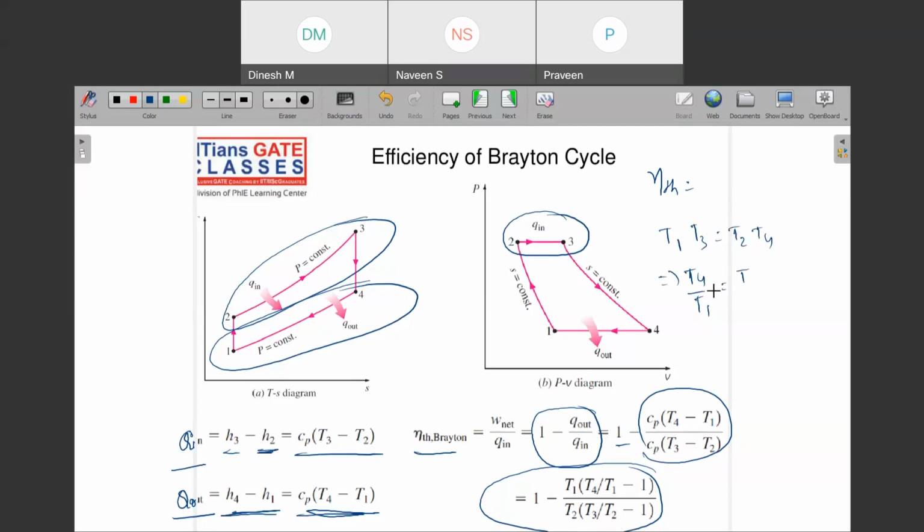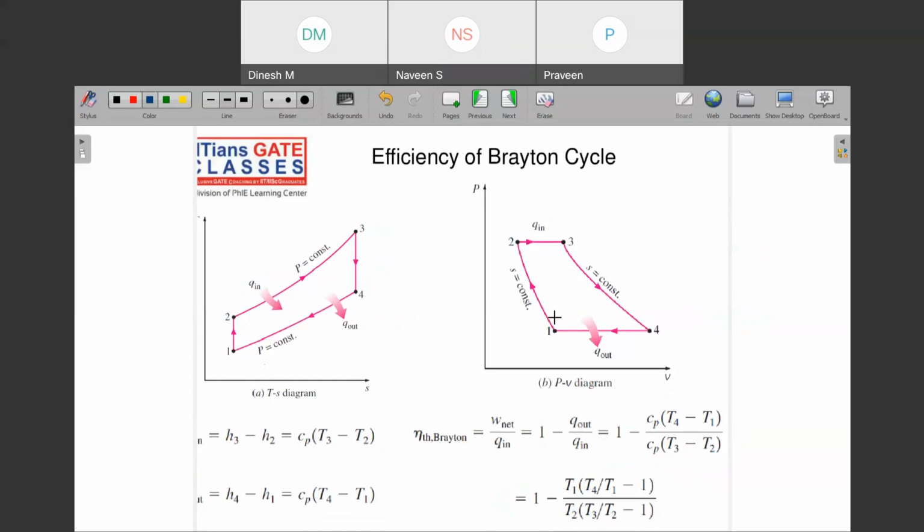So this part will get cancelled out, and only T1 upon T2 will remain. So the thermal efficiency of the Brayton cycle reduces to 1 minus T1 upon T2.